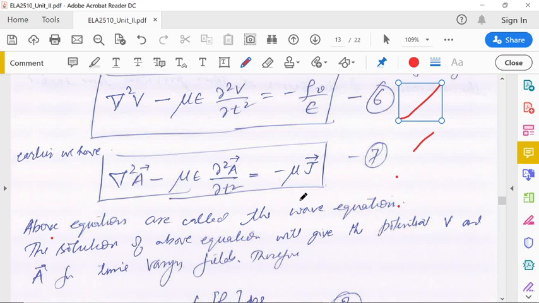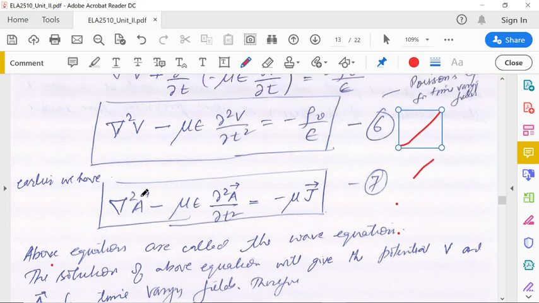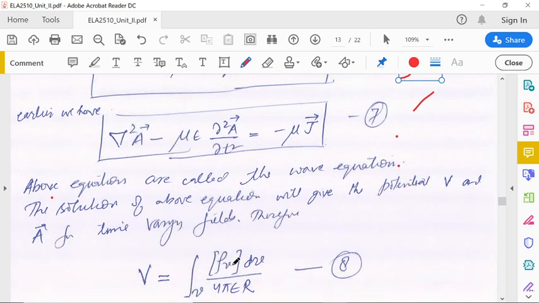Because in their solution, as we will see in the future lectures, the solution of these two equations comes out in such a way that it appears to be a moving wave. When we visualize these expressions, we will see that it seems to be some sort of moving wave. So these equations are called the wave equations.